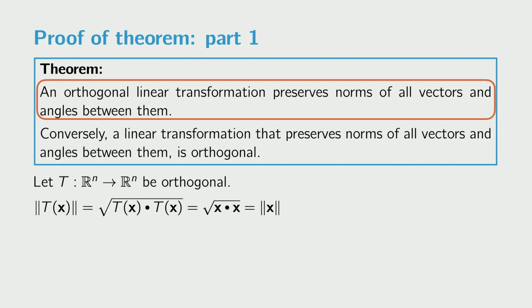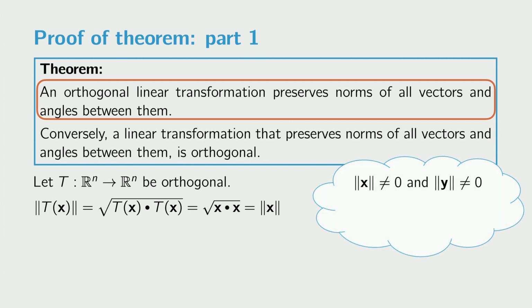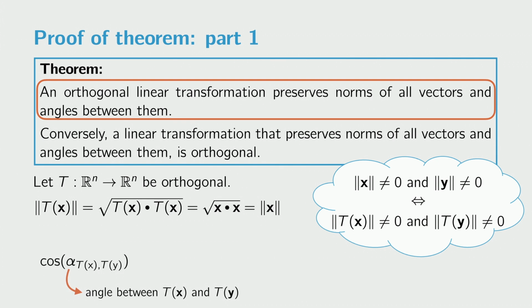Also, T preserves angles. For this part, we assume that the norms of x and y are non-zero, otherwise the angle is not defined. Since T preserves norms, this means that the norms of Tx and Ty are also non-zero. Now, consider the cosine of the angle between Tx and Ty. This is equal to the following: Tx dot Ty divided by the norm of Tx times the norm of Ty.